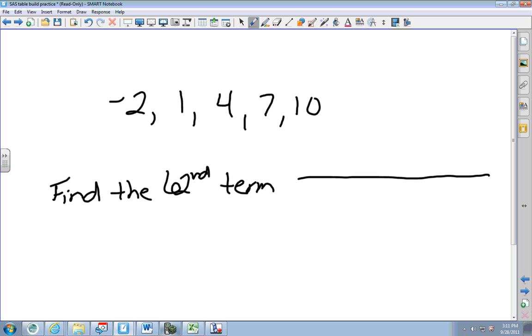Well, when you go to build a table, you're going to have to figure this out. You're not going to want to write it out 62 times.